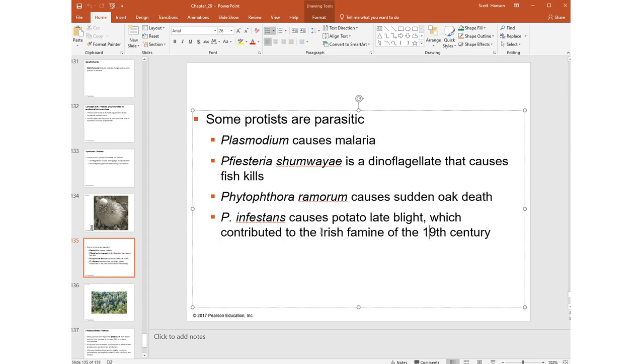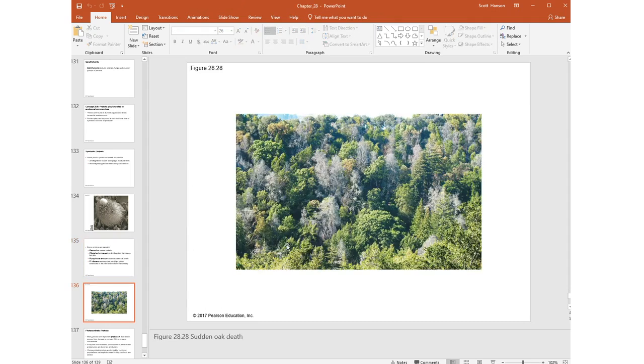So a lot of us that have Irish ancestors can actually trace the Irish part of their family coming from Ireland in the 19th century. But anyway, you can see dead oak trees here and there because of the sudden oak death disease.